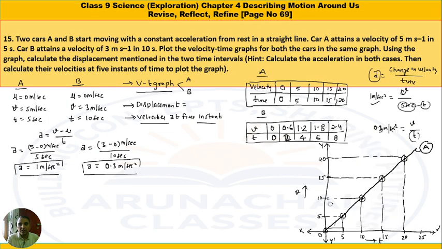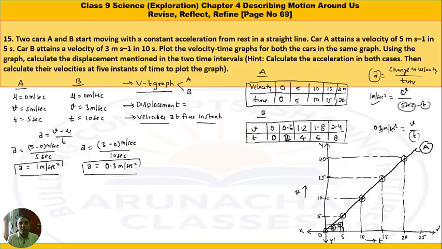So here it is 2, here it is 0.6. So this is the first one. Then 4, 1.2. Here it is 4 and 1.2. So 1.2 will be somewhat here. So this is the coordinate.